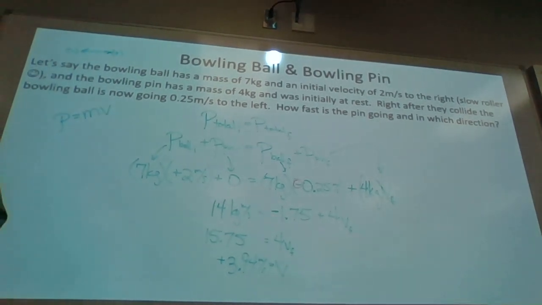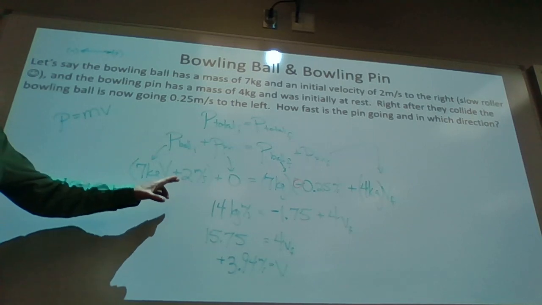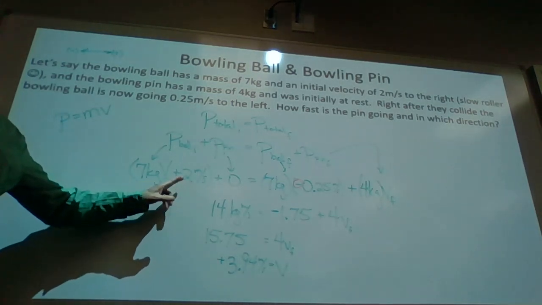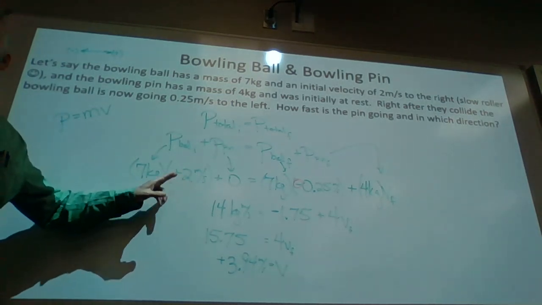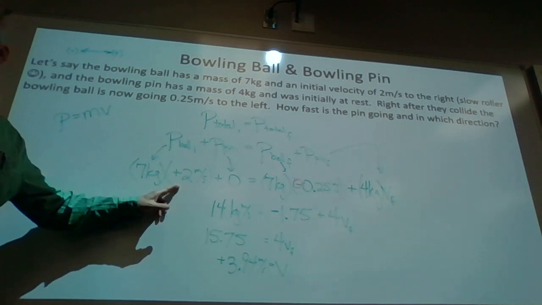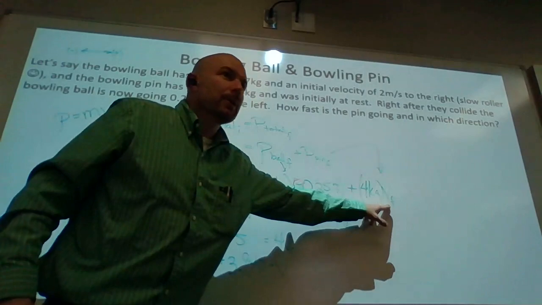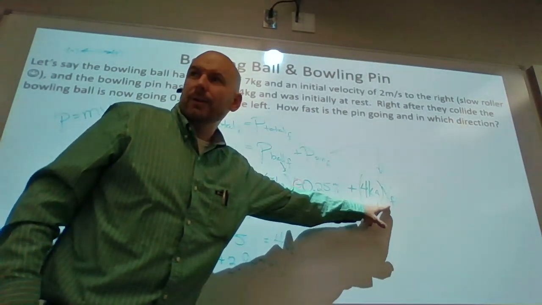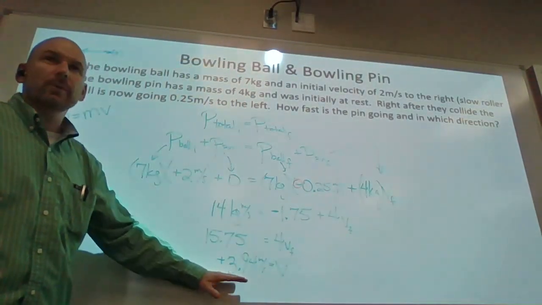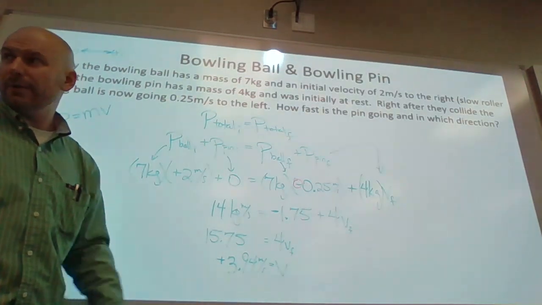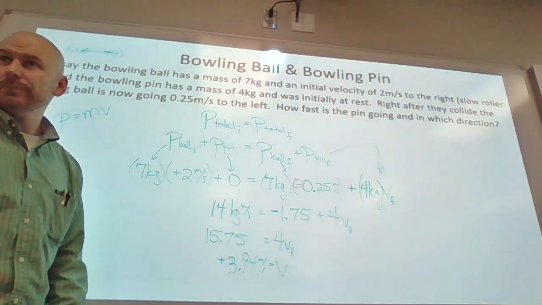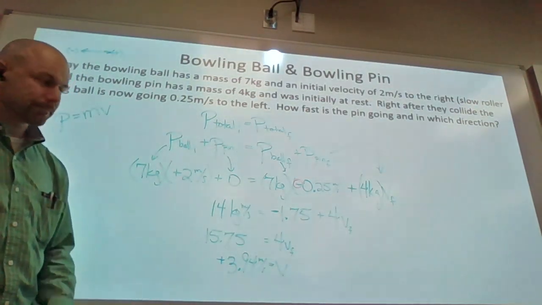Okay. When you're setting up these problems, if you're given a value for velocity, you must assign a positive or negative direction to that. If you're solving for velocity, do not assign a positive or negative value to that. The answer will incorporate the positive or negative value. Okay?